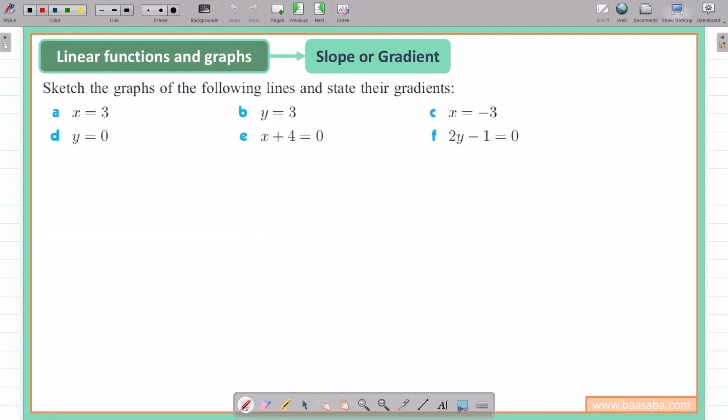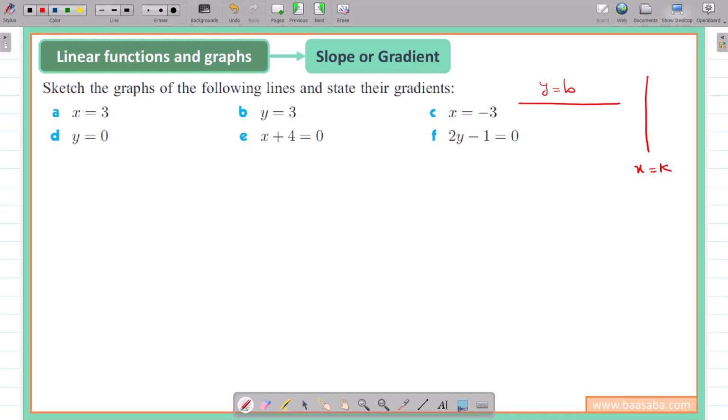In this problem, it says sketch the graphs of the following lines and state their gradients. If you remember from last session, we talked about vertical lines and horizontal lines. Vertical lines were lines whose equation only has x, and horizontal lines were lines whose equation only has y in it.